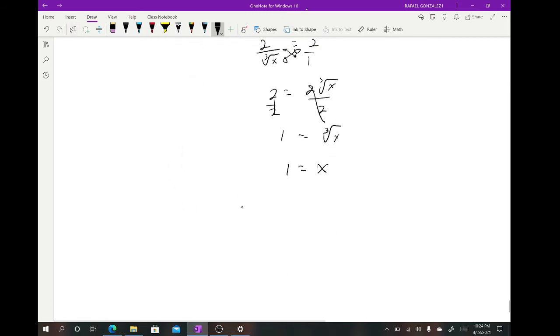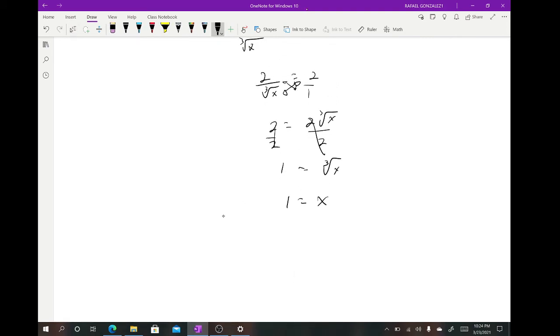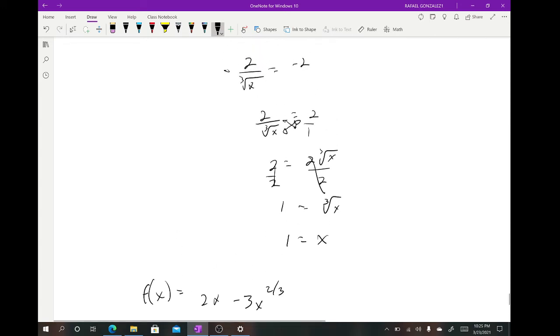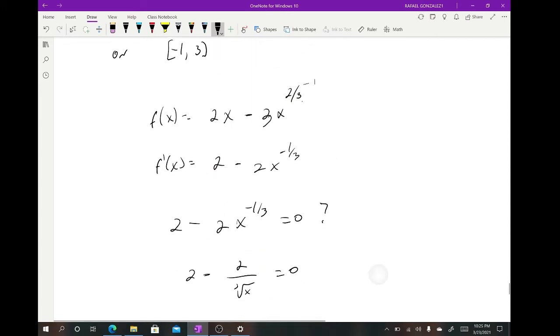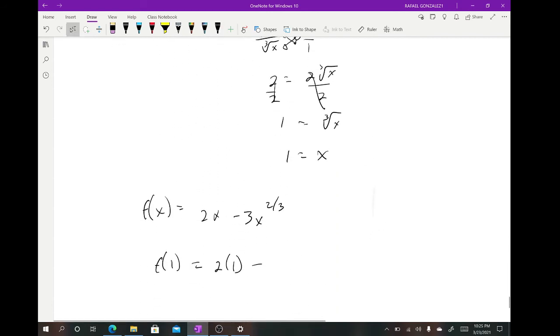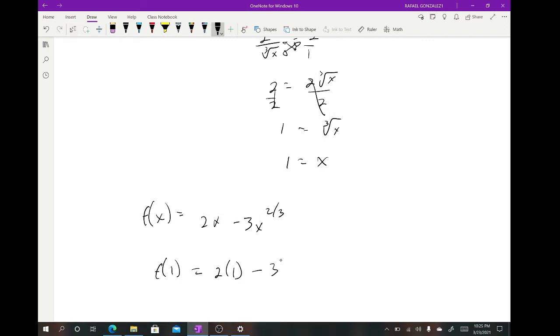So now that we have our critical number, we simply have to evaluate it on the function f. So remember, f of x was equal to 2x minus 3x to the 2 over 3. So if we evaluate at 1, we have 2 times 1 minus 3 times 1 to the 2 over 3.